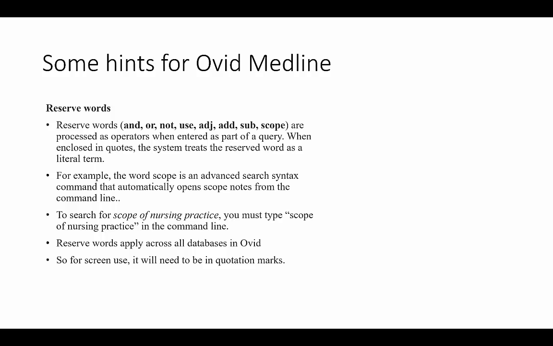Whenever you're trying to search for the word use, if you don't put it in quotation marks, it will give you an error message. So it's one of those things you don't know until it happens to you. So I wanted to put that in here and let you know about it.